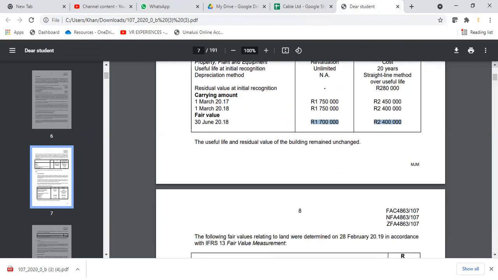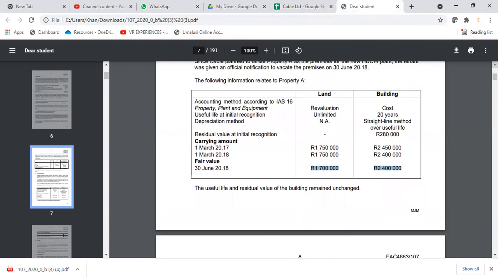Then remember, as at 30th June and as at 28th February 2019, we need to apply PPE to land and to building. The PPE for land is based on the revaluation, while PPE for building is based on cost.